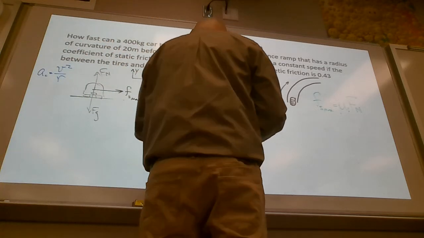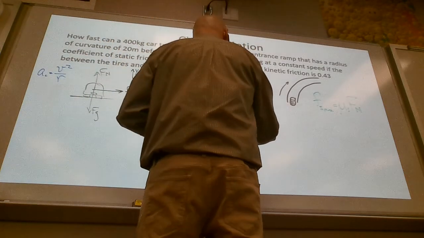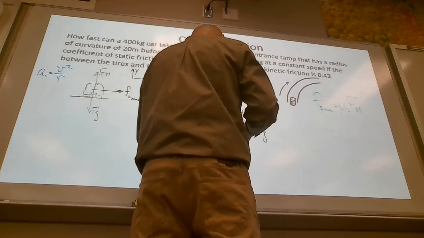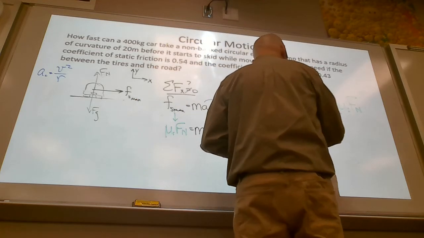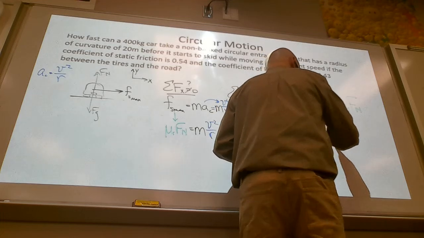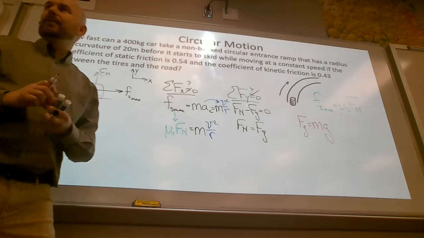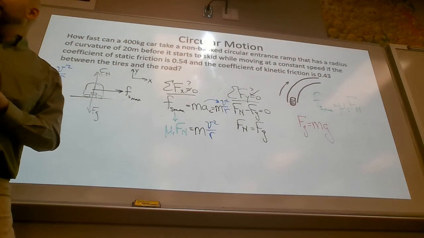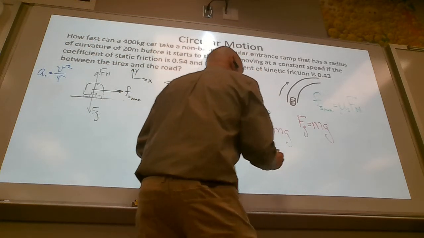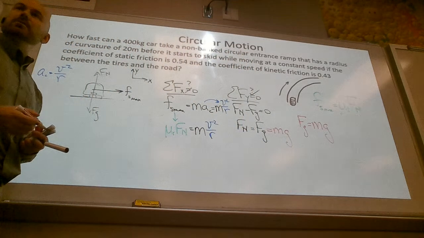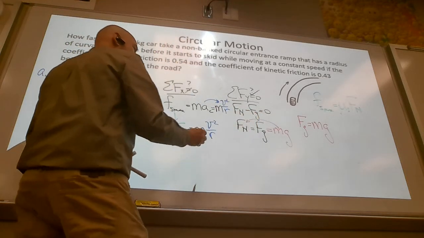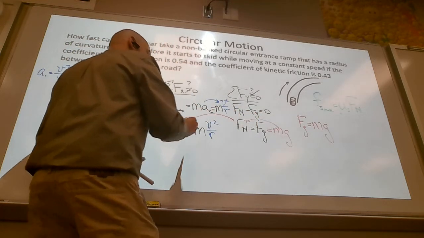So I know that normal force is going to be equal to my force of gravity, which is equal to mass times 9.8, right? So I could go, oh, wait a minute, that's equal to this, which I can then, boom.